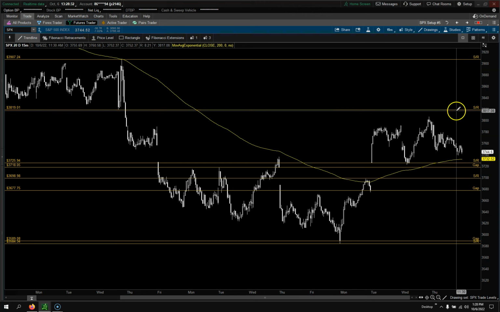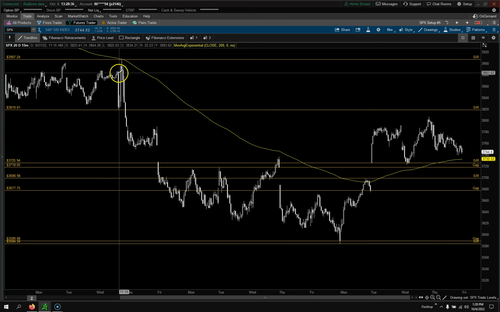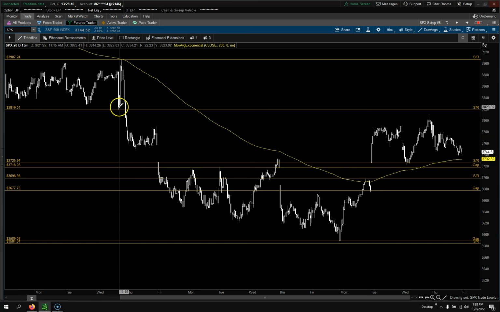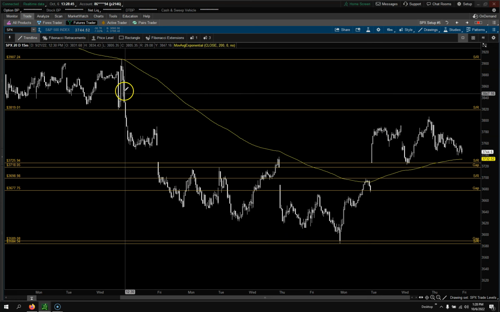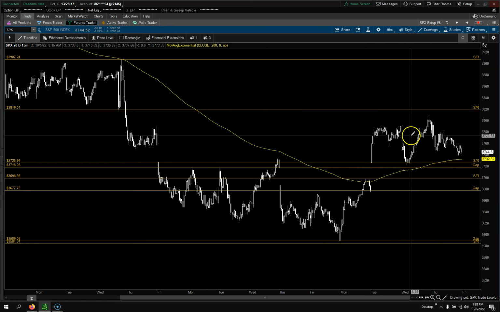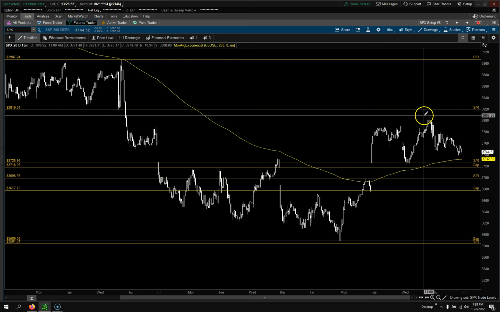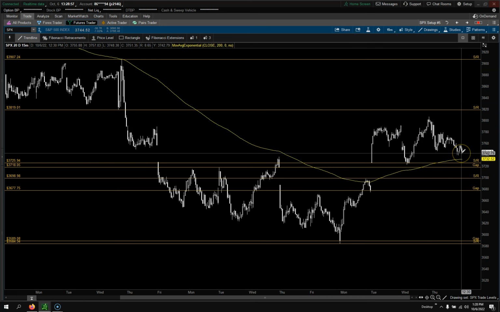Or even pause. As you could see, I drew one right here. The reason I drew it here was because this was the low right here before the complete meltdown, right? So as price comes back up, we should find a resistance level at that same level, and look at what price does. Came close to it and then reversed, right?